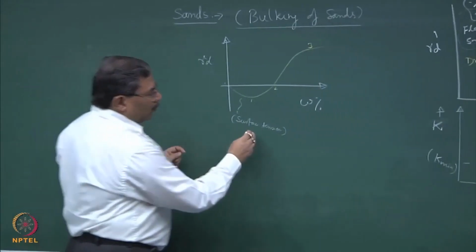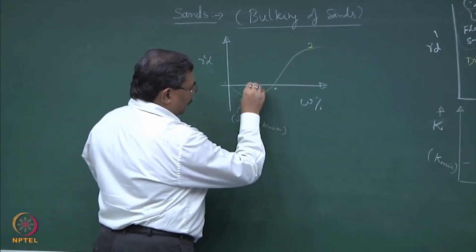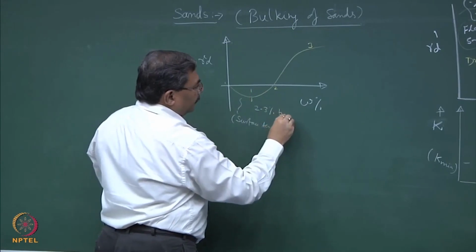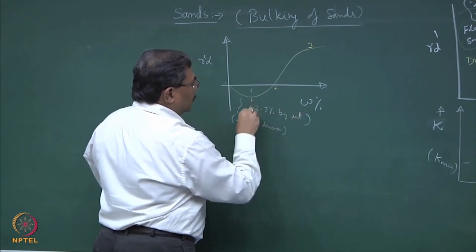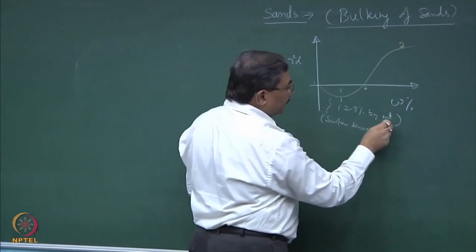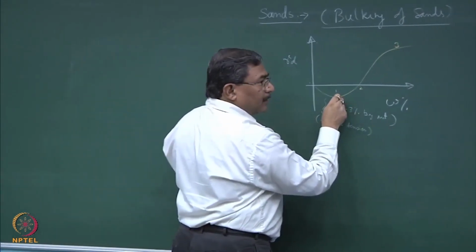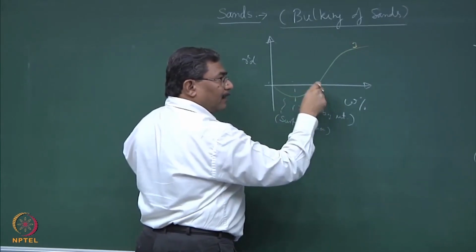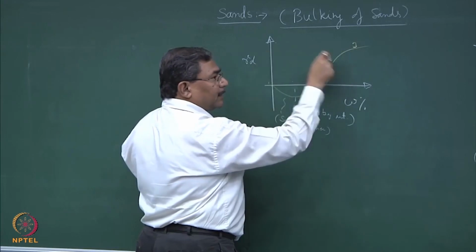So, by adding more and more water, this is approximately at 2 to 3% by weight. So, bulking moisture content is 2 to 3% by weight, beyond which the capillarity is lost. The more and more water you add, the air gets expelled, the density increases.